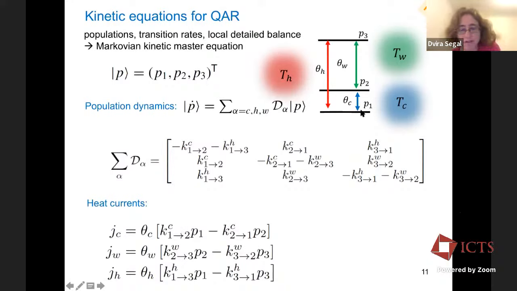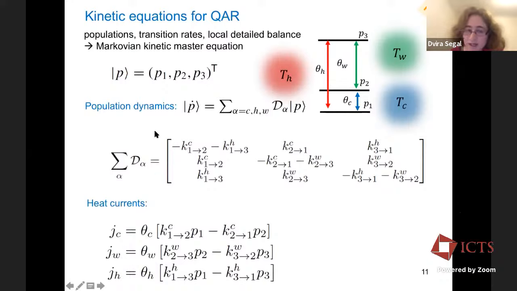of a population to level 1, and then I multiply it by the respective frequency, which tells me how much heat is going to be absorbed in this process. And these expressions obviously can be justified by proper, more fundamental relations. So we can put down these relations for the cooling current, the work current, the heat current. Everything is given.